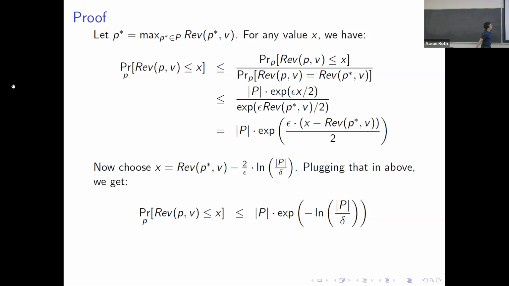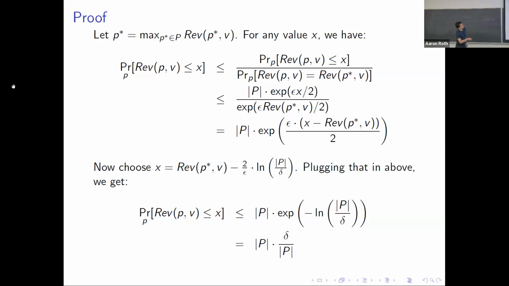And what I'm left with is just that the probability that I get a price whose revenue is at most x is at most the number of prices I'm selecting amongst times e to the minus log of p over delta. And exponentials and logs are inverses of one another, so this exponential is going to cancel out with this log.